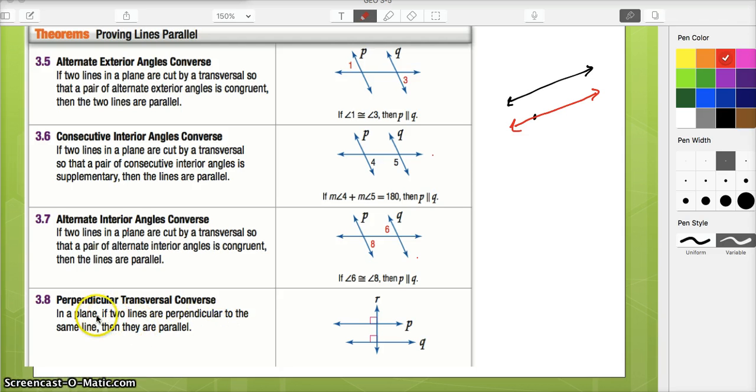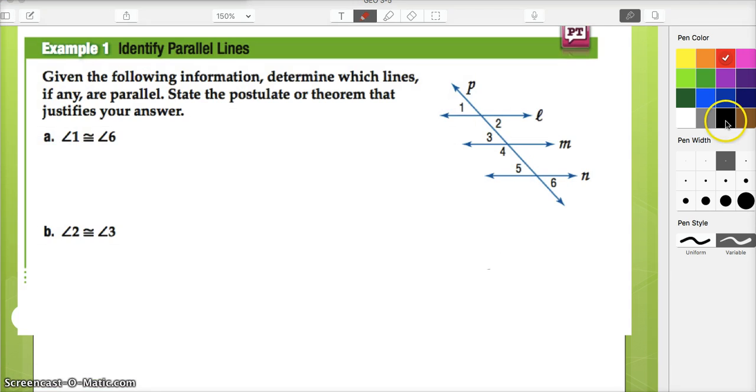So this is the converse of the perpendicular transversal theorem that we had before. I kind of think of it as the other postulates and theorems that we're talking about went in this direction, and these guys are going in the opposite direction. All right, so they shouldn't be too hard to remember.